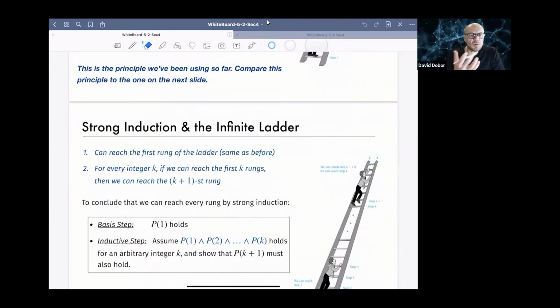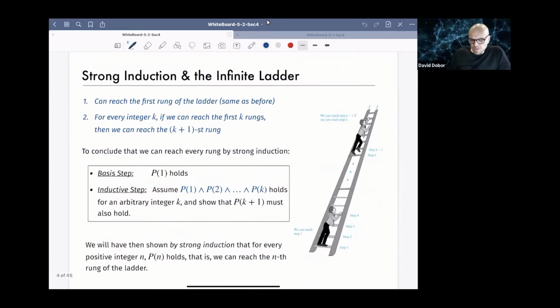Again, the goal is to prove the proposition that's indexed by n. So you have some P of n, a sequence of propositions that you need to prove. Again, the base case is exactly the same as before, but the inductive step is where you get to assume that not only P of k holds.